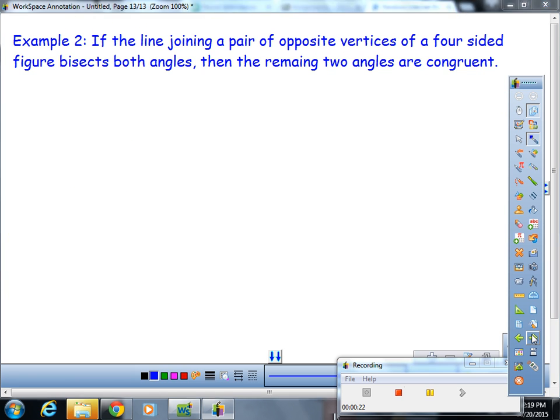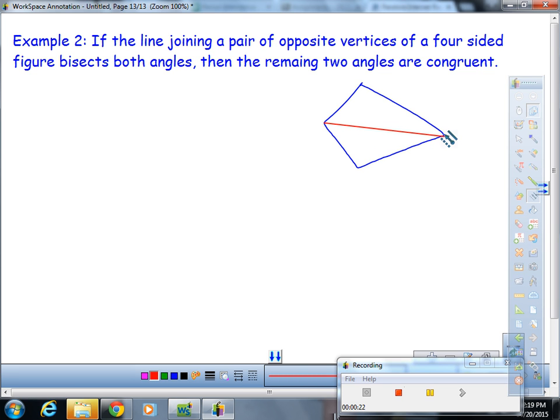Let's do another one. All right, if the line joining a pair of opposite vertices of a four-sided figure bisects both angles, if a line joining the opposite vertices of a four-sided figure bisects both angles.